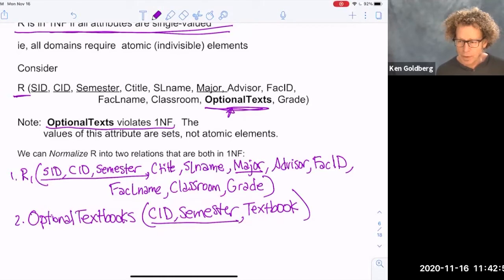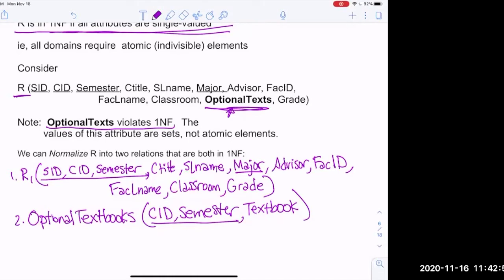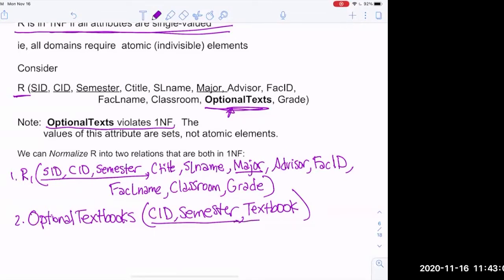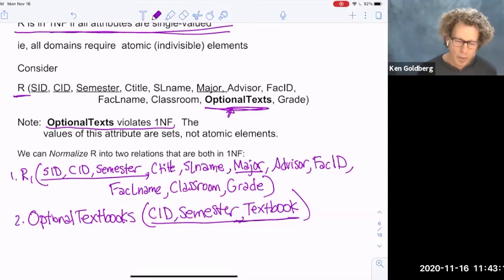Any volunteers? Yes, you could have multiple textbooks for the same class. Great. So how do I fix that, Justin? Everyone, I want you to really understand what Justin just said. He said it's a problem because of the way I had it, and let me roll that back.